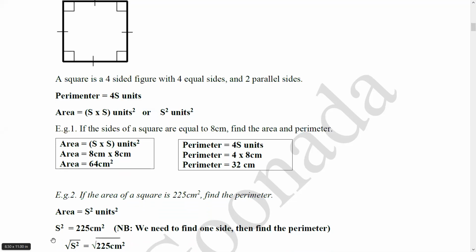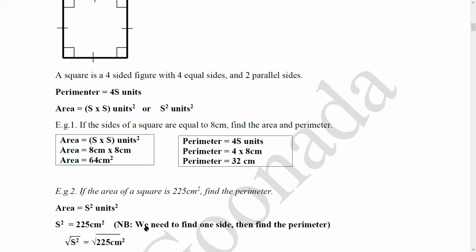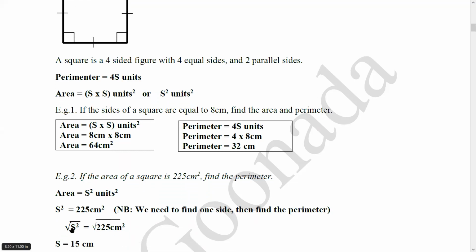You're following, right? So to get rid of this square, we need to find the square root to cancel off this 2 here. And remember, it's an equal sign and it's all about balance. So what you do on one side, you have to do it on the other side. So if you find the square root here, you need to find the square root here as well. So the square root of 225 will work out to be 15.